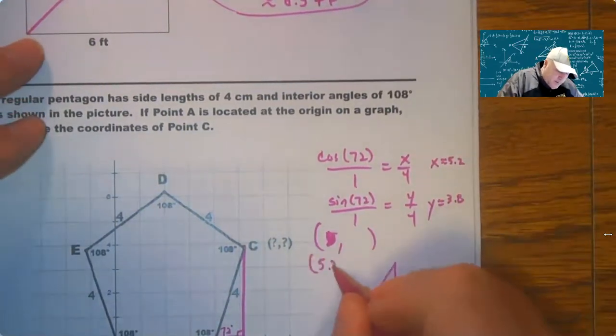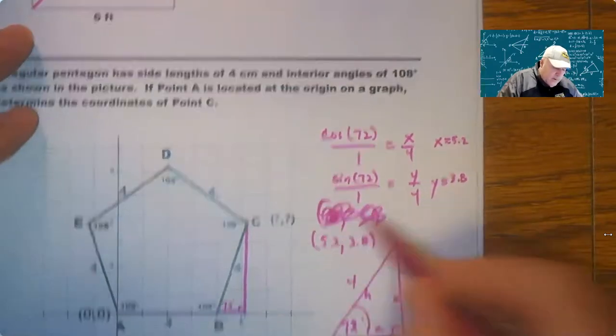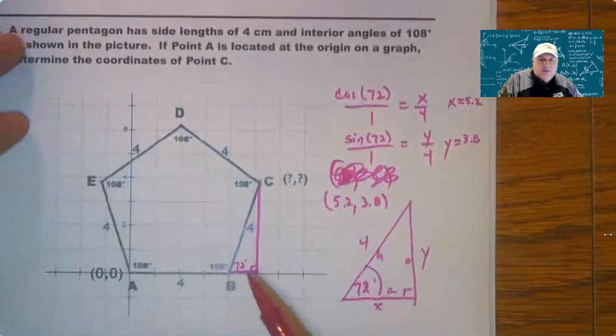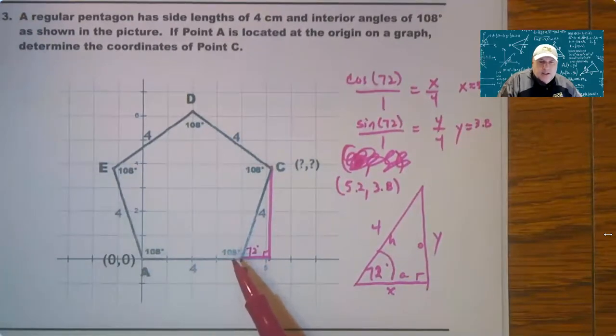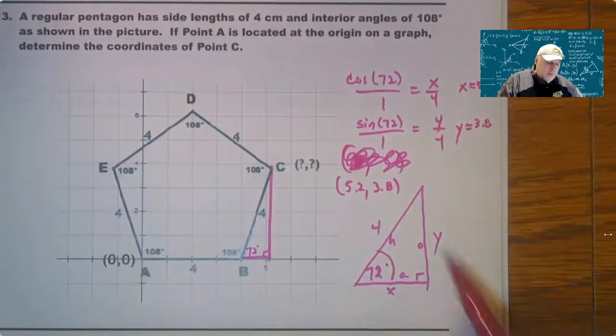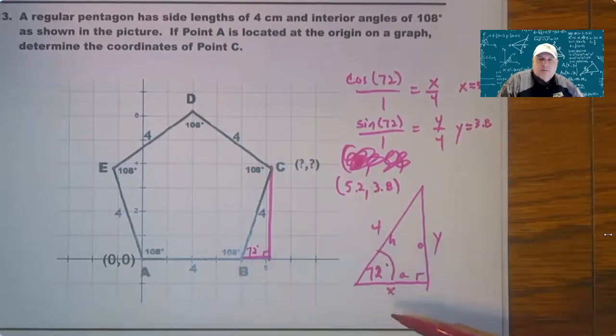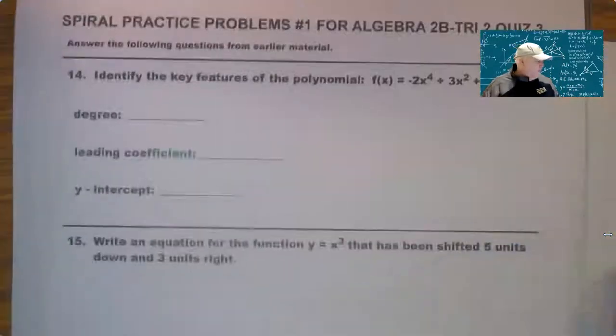So 5.2, 3.8 are the sides, because once we look at this angle, we got the 72 from 180 minus 108. That's how we got that. You need to solve those two. These get a little bit different. So the right triangles you solve involve 30, 60, 90, 45, 45, 90 rules on the later versions of the practices.